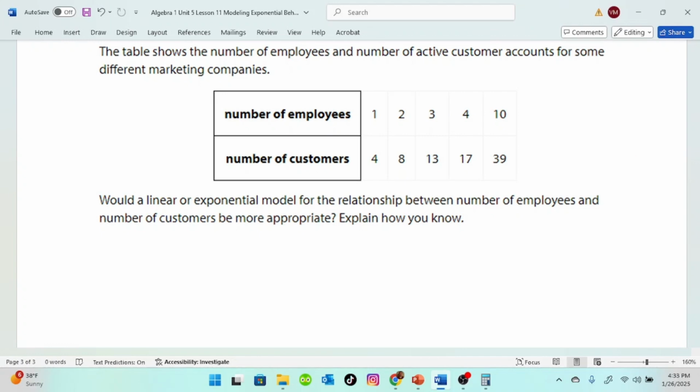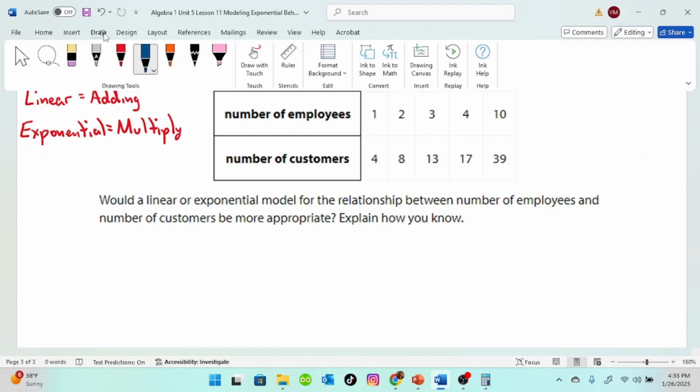So a couple of things we need to understand first. Linear is when you're adding the same amount each time. Exponential is when you multiply by the same amount each time.